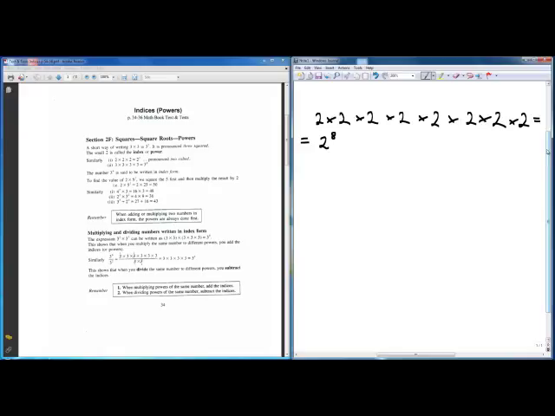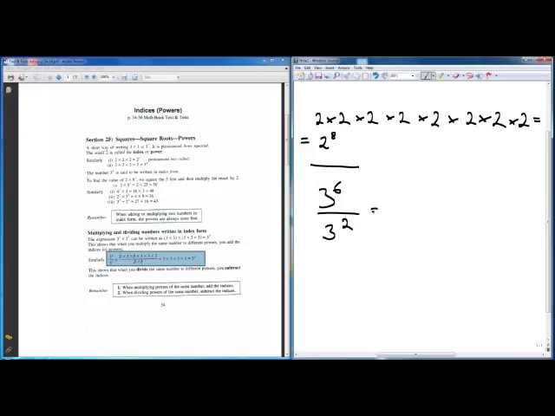Okay, so for example, if we look at this example, we have 3 index 6 over 3 index 2.